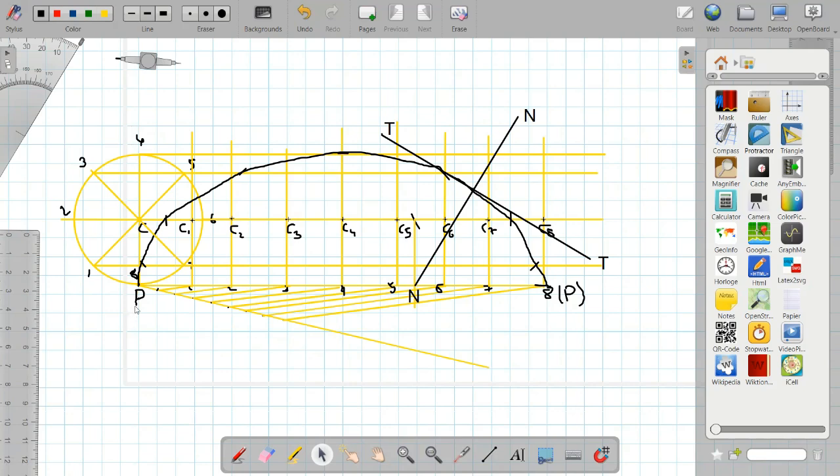So from points 1, 2, 3, and 4, I cut the arc on the left hand side. Then when P came here, it started to move downside, and I started making the cuts on the right side. So from point 5, I made a cut on the right side, point 6, I made a cut on the right side, and so on.